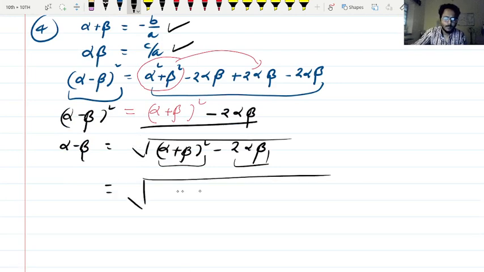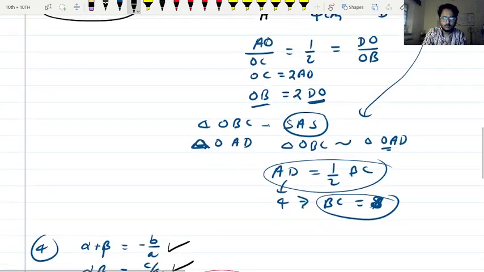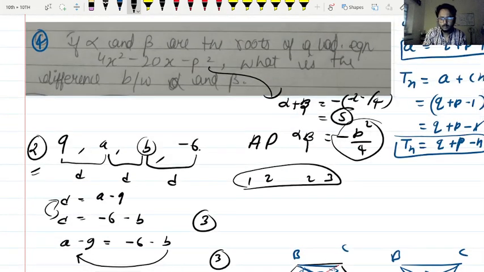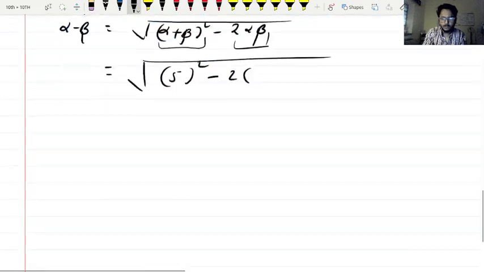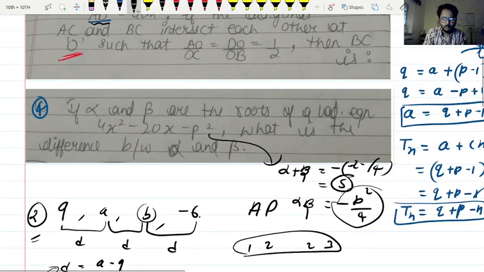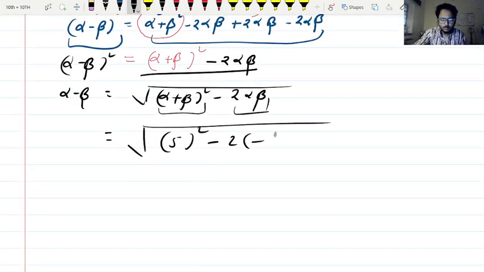Alpha plus beta is 5 square minus 2 into alpha beta, and alpha beta is minus p square upon 4.